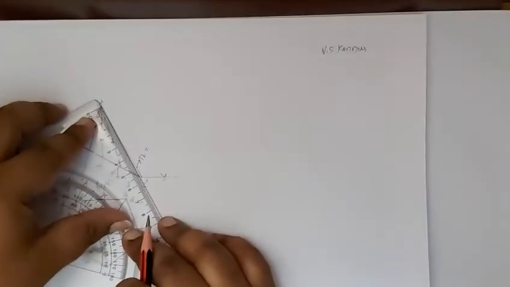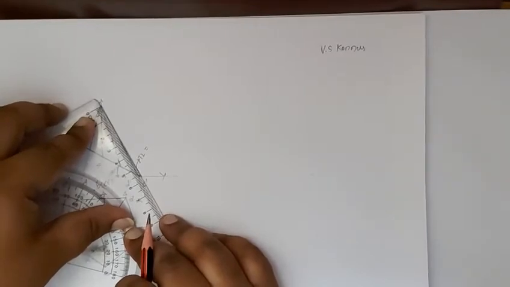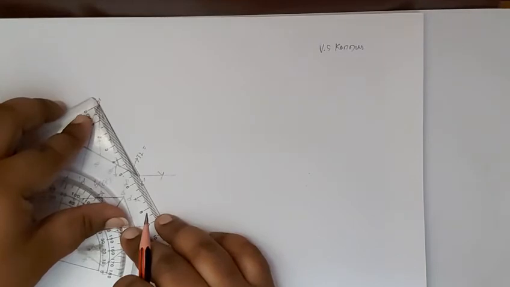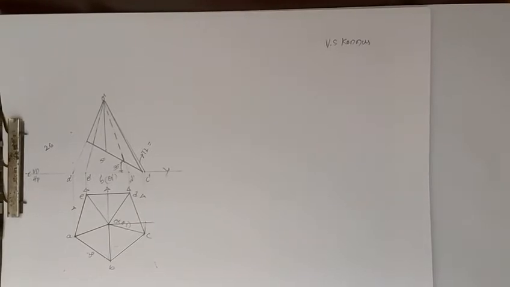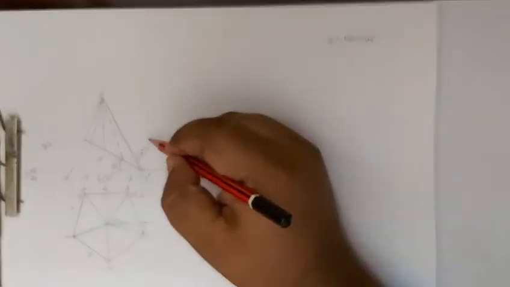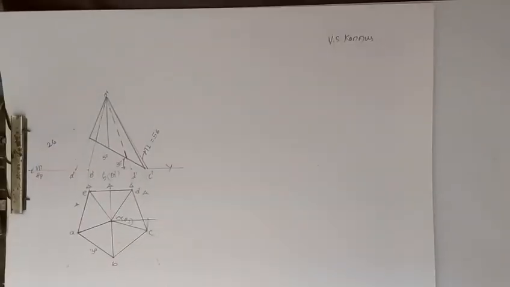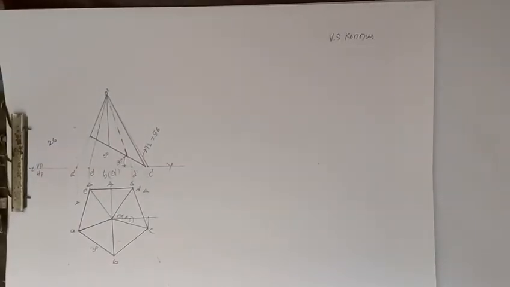We have to measure that true length. It is around 56 or 57, so we will take 56. Now we got the true length. How to get it?